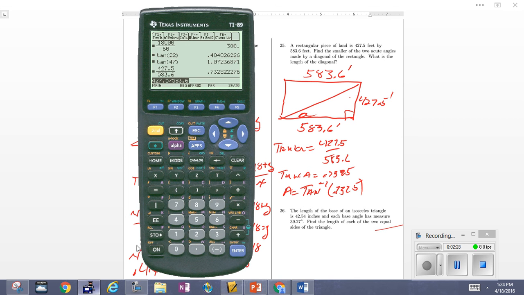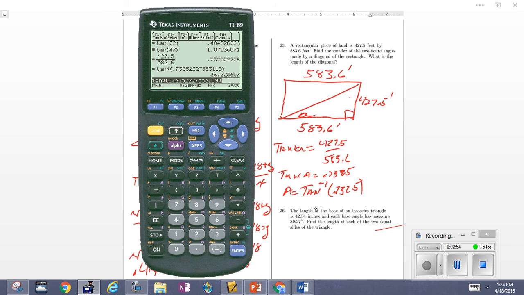I'm going to ask for the inverse tangent, which is a diamond function of this value, and I could just go up to my calculator and grab it right there and then enter that. I forgot a parenthesis, it's going to tell me that, and that looks like 36 degrees.